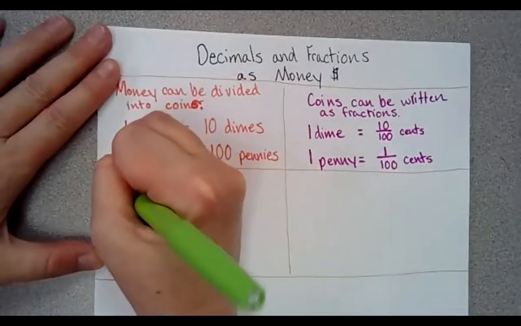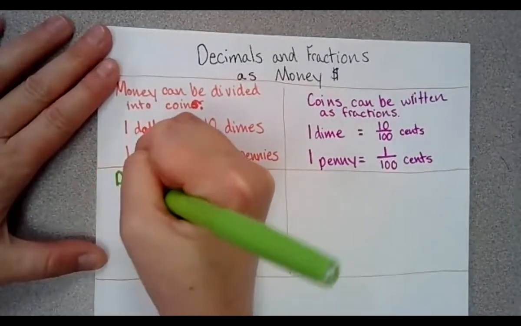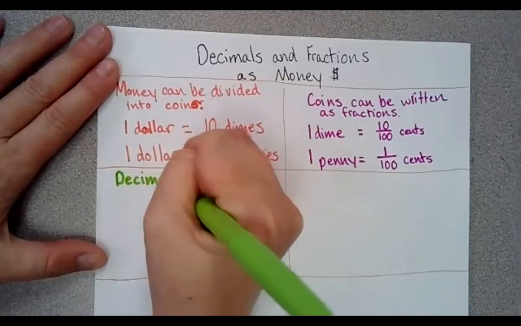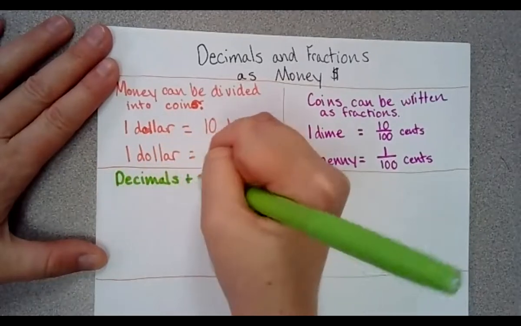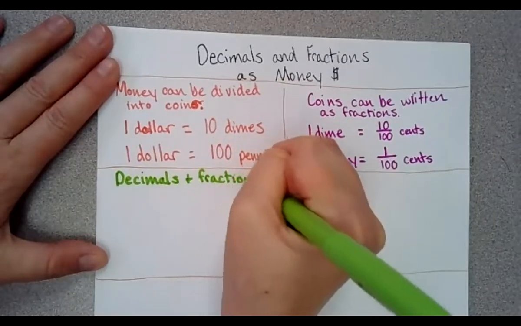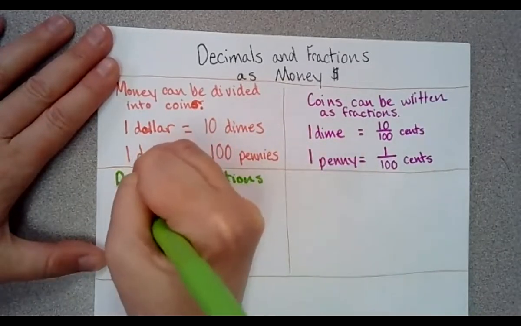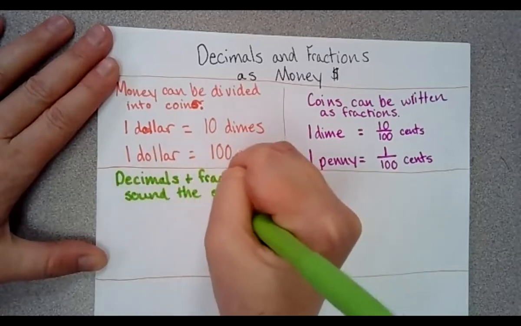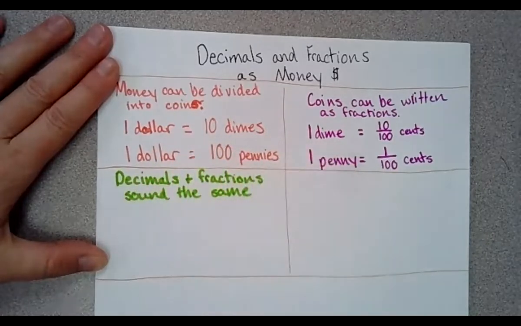You can write that decimals and fractions sound the same. Decimals and fractions sound the same. Miss Ross, what does that mean?